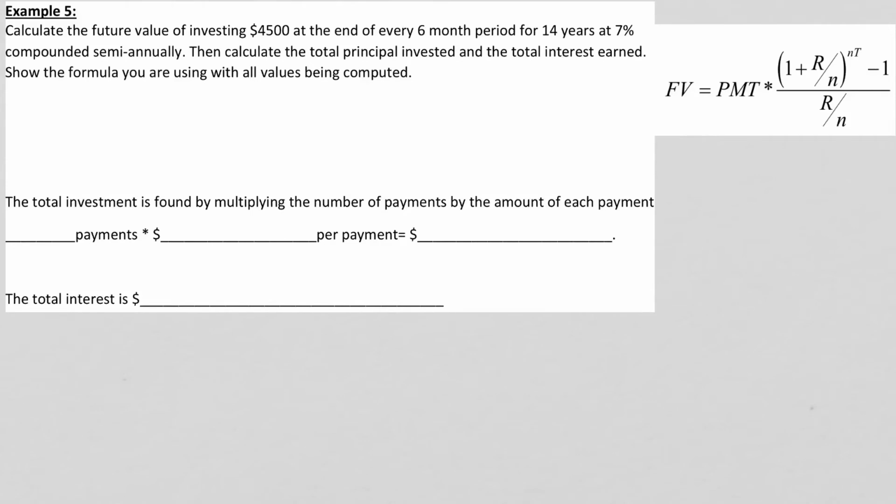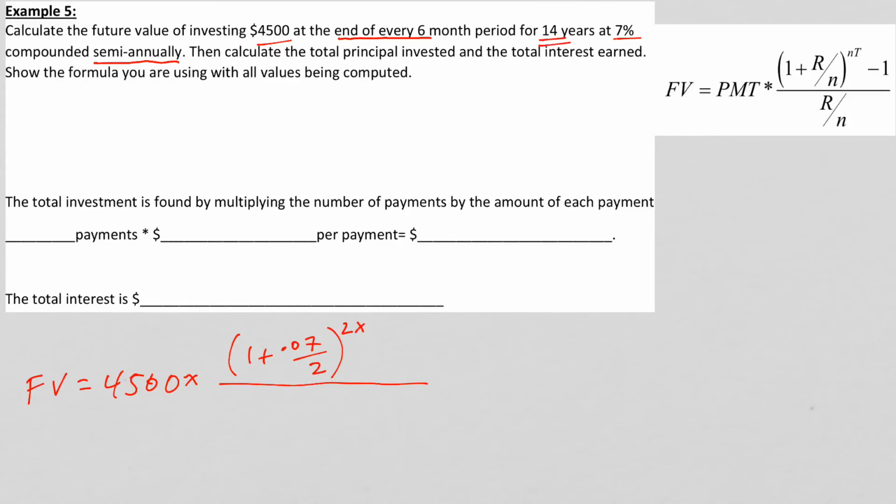All right, this is getting redundant, but number 5, we are making these payments at the end. So this is an ordinary annuity, so we'll use this formula. And our future value is going to be $4,500. That's the size of the payment, times 1 plus our rate, 7%, divided by, this is semi-annually, so that's twice a year. 2 times, this is for 14 years, minus 1.